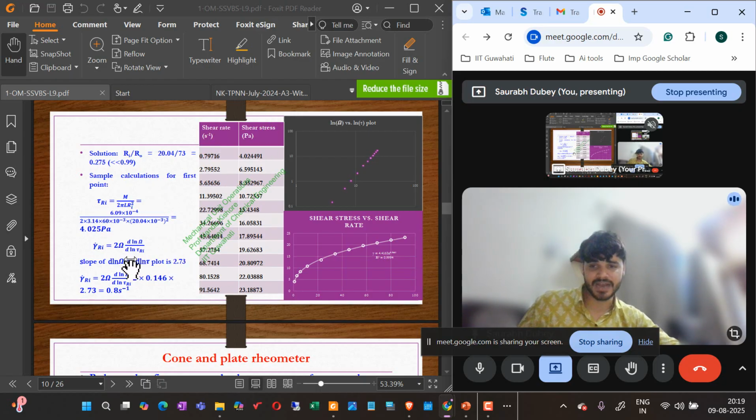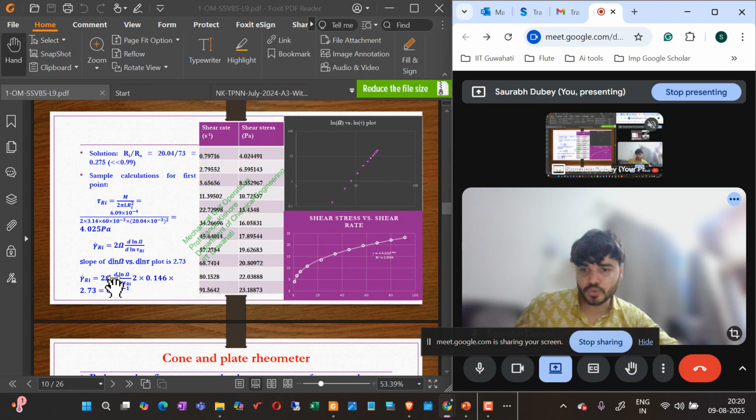Then you have to plot omega versus ln of shear stress, tau at Ri. The slope of this will be coming out to be what? This is 2 omega, and 2.73 is the slope that you are going to get, right?